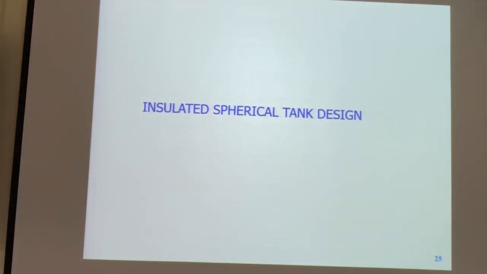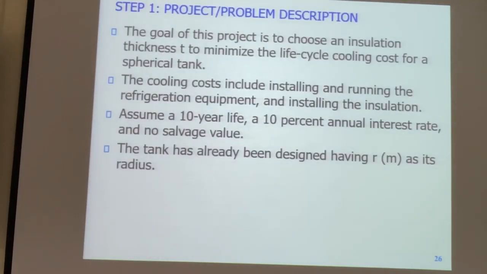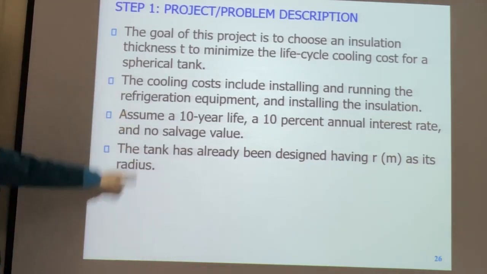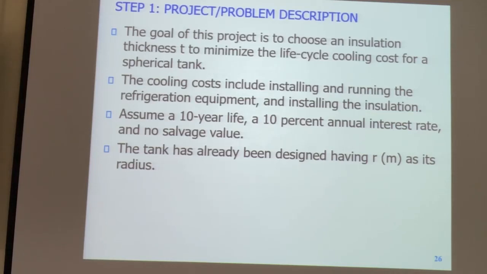Then another case. We design a tank to put gas inside. The tank's design. Could you read this? The goal of this project is to choose an insulation thickness to minimize the life cycle cooling cost for a spherical tank.